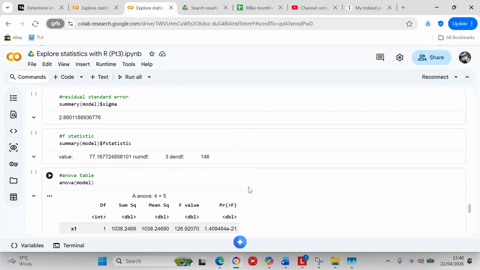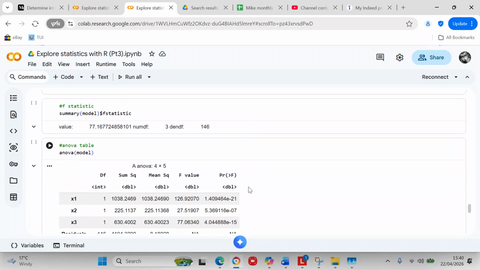You've got your residual standard error, which is summary model $sigma, as 2.86. You've got your F statistic, which is summary model $fstatistic, and it gives you your F statistic value of 77.167.